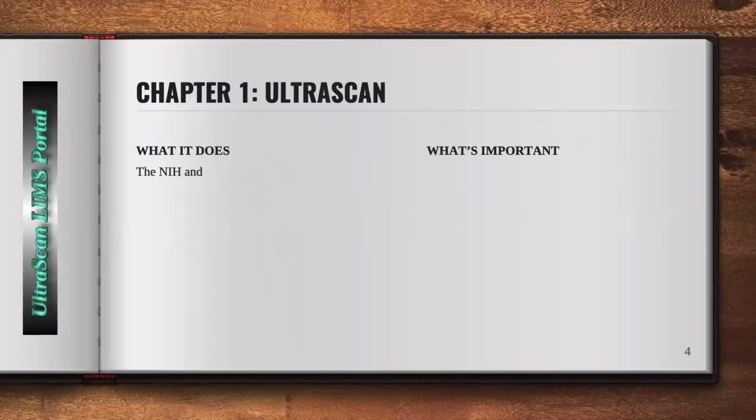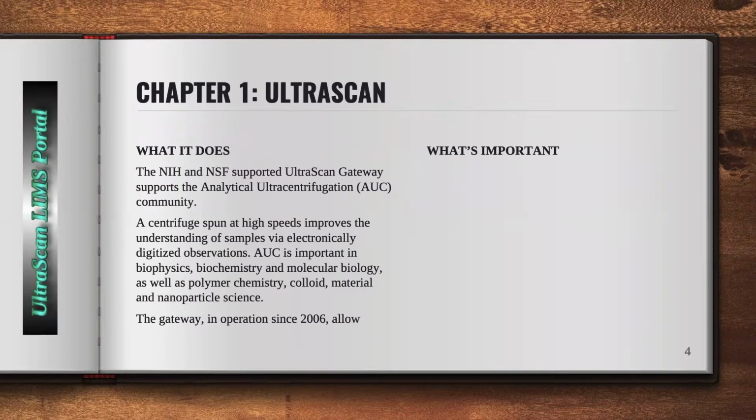So I'm going to go one by one through these gateways. The ULTRASCAN gateway is an NIH and NSF supported gateway, and it allows users to use analytical ultracentrifugation software remotely. They use this software and ultracentrifuges to understand more about material properties in a lot of different domains. This gateway has been in operation for quite some time.